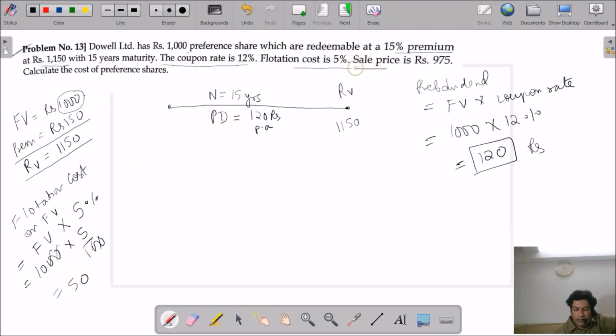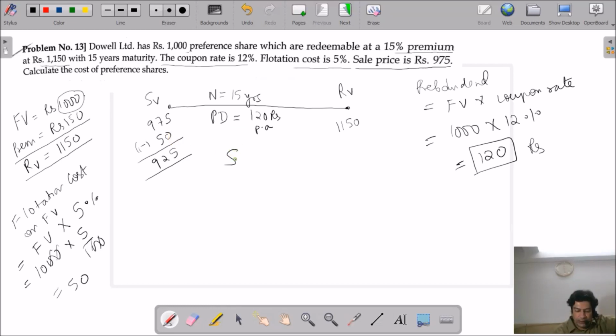Now the sale price is 975. It means that I have sold the preference shares for 975. Out of this 975, I have spent 50 rupees as flotation cost. So 925 rupees is something which I have got in my hand. So remember friends, how much capital you are getting in your hand, that is the net proceeds that you have to consider.